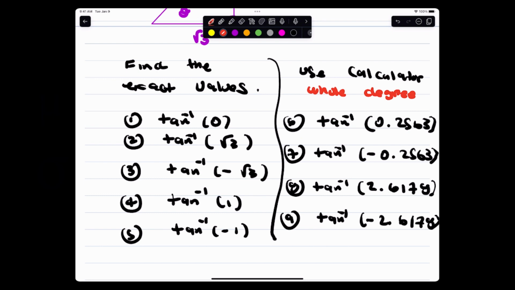Okay, so you're going to use your calculator here, ladies and gentlemen. Let's get out our clock. Let's see what you get.